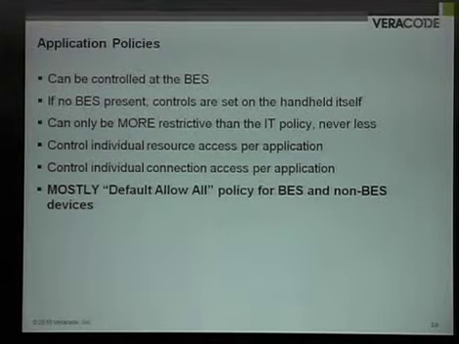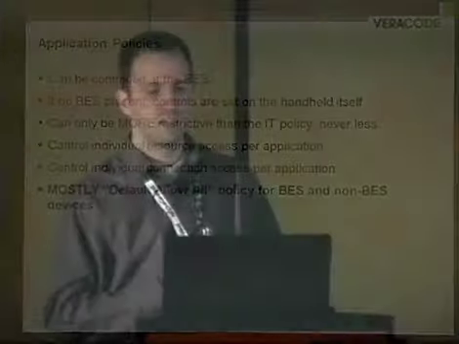The policies can be more narrow and secure, but never more lax. App policies are typically used to enforce resource and connection type activities on a per application basis. And this is where the end user should be responsible for ensuring that their applications are not accessing resources outside of the expected norm. Again, these are mostly a default allow policy across the board.